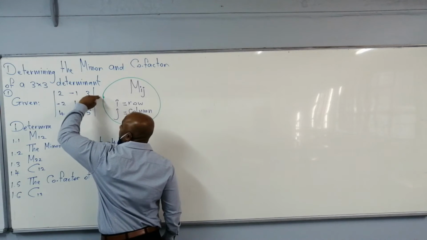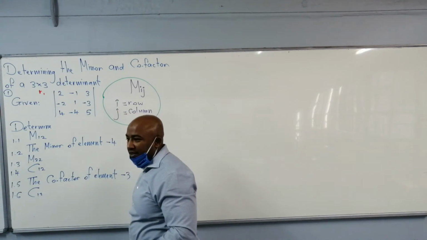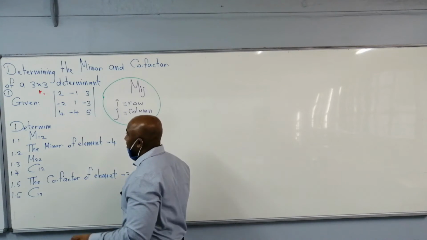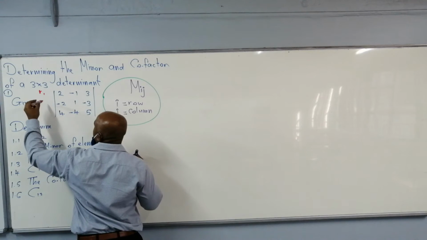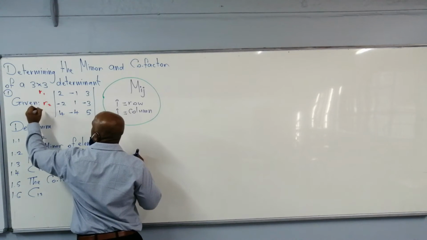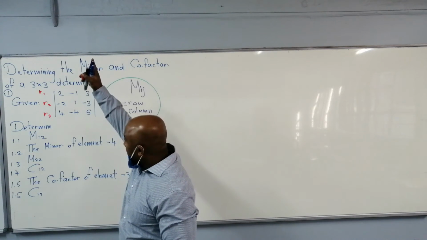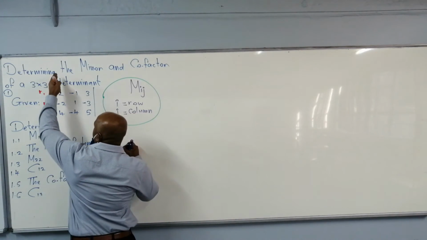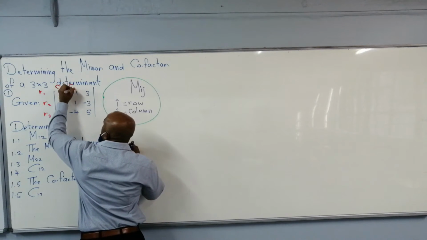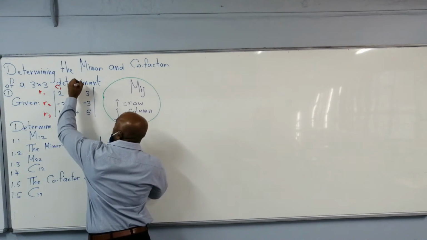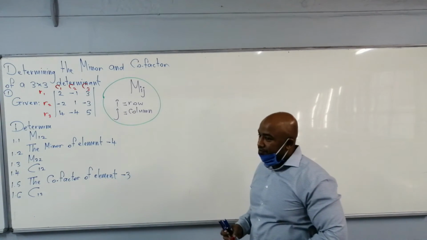So here's row 1. In row 1, if you want, in pencil, you can write down R1, just so you don't forget that that is row 1. In row 1, we see the numbers 2, minus 1 and 3. Then row 2, and then we got row 3. Then if you look going down, that will be C1, column 1, C2, column 2, and C3, column 3.